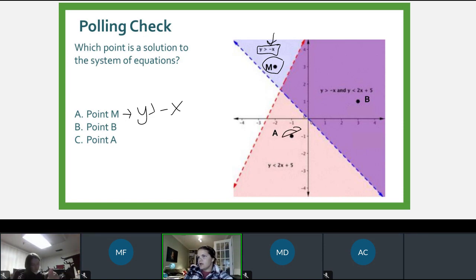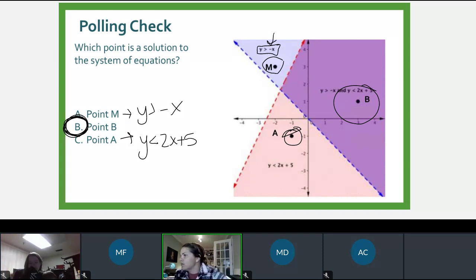Point A here is a solution to y is less than 2x plus 5 because it's only in this red zone. B is the correct answer. B is where the two shaded areas overlap.